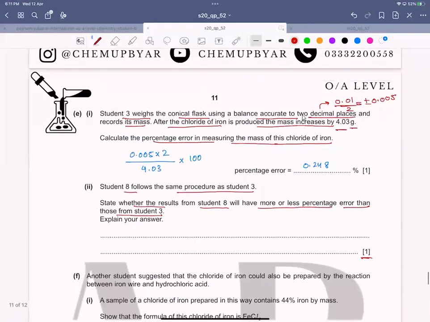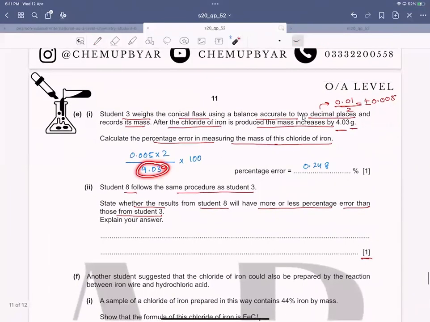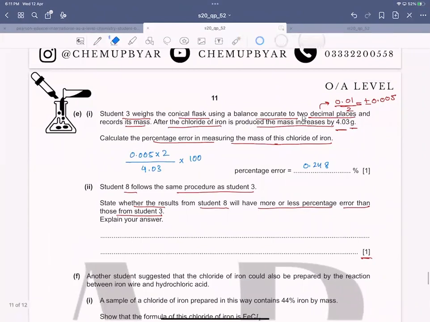Yes, less error, very good, because the error remains the same, and you can show it like this: whatever the mass is for student 8, it's 9.80, multiplied by 100.